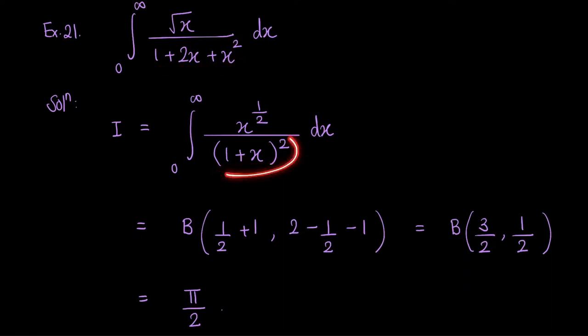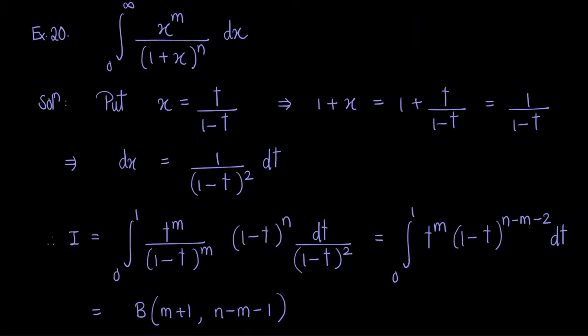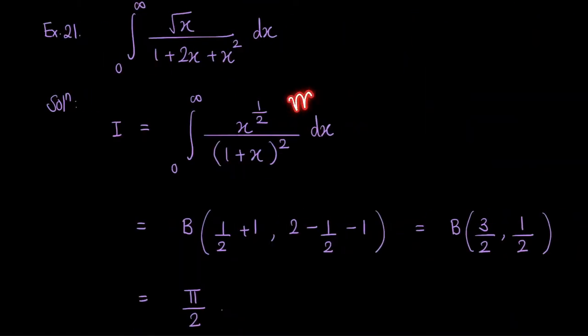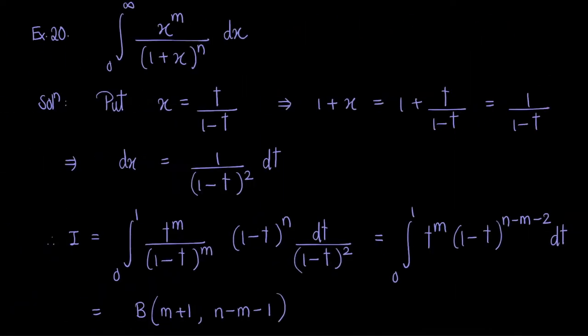Therefore this can be written as (1 plus x) whole square. Now we have seen this example, integration 0 to infinity x raised to m upon (1 plus x) raised to n dx, and the value of this integral is this one. Simply here the value of m is 1 by 2 and the value of n is 2.